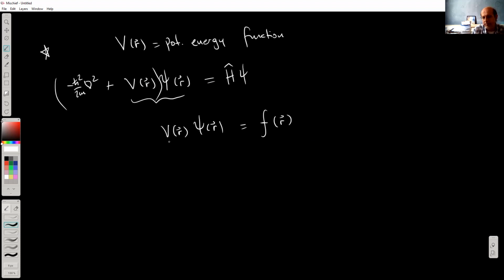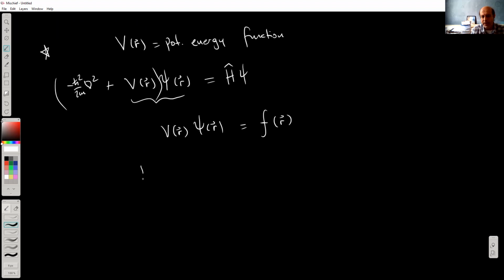Basically, by applying this operator to one possible wave function, I obtain a wave function-like function, actually. So basically, this is another vector. An operator applied on a vector gives me another vector. You can think of it like this.